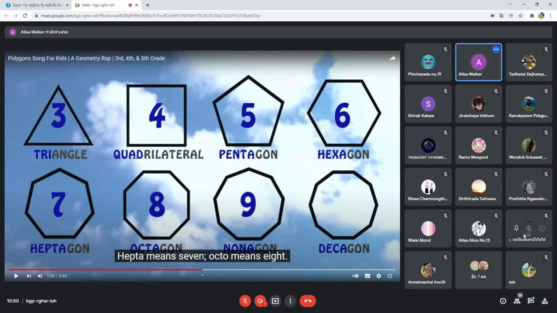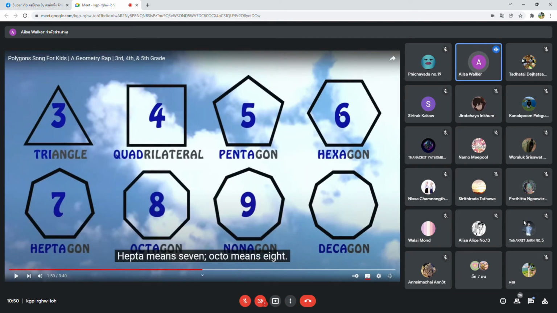If it has quad in front of it, it means it has 4. Yes, so quadrilateral is a shape with 4 sides. What about a pentagon? How many sides does a pentagon have? Have a look. Yeah, pentagon 5. Pentagon has 5 sides.